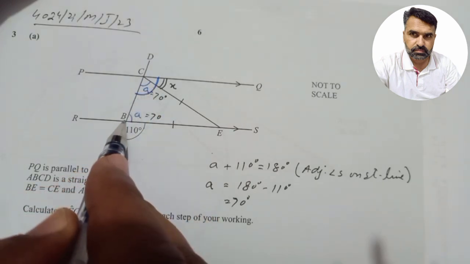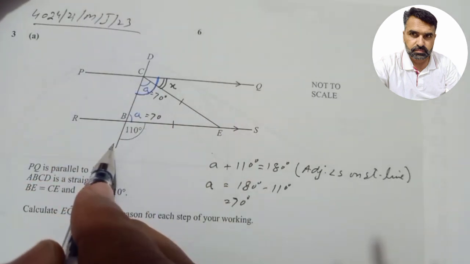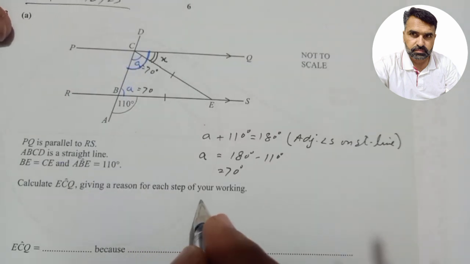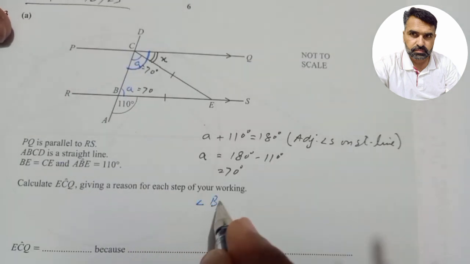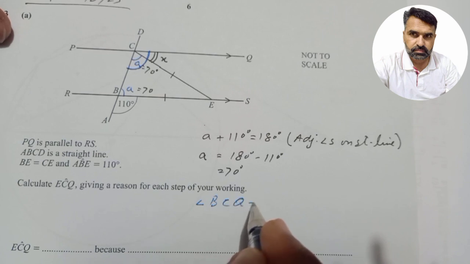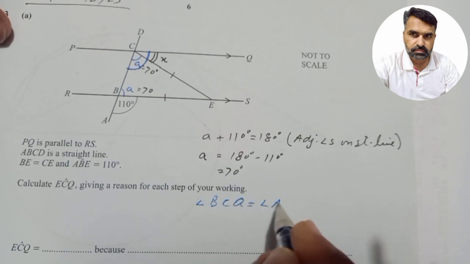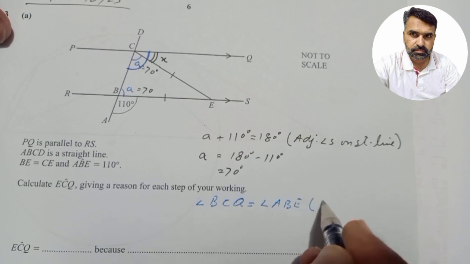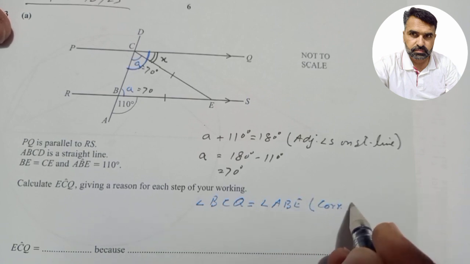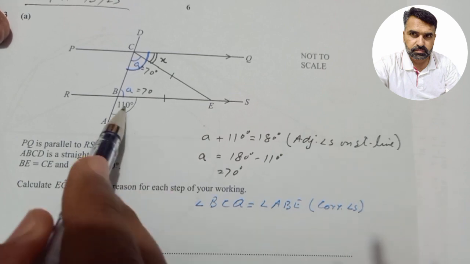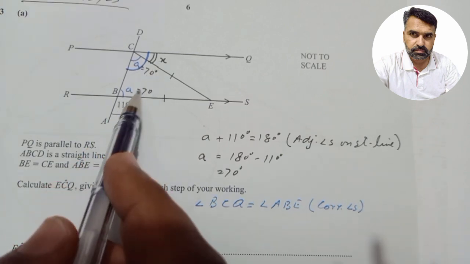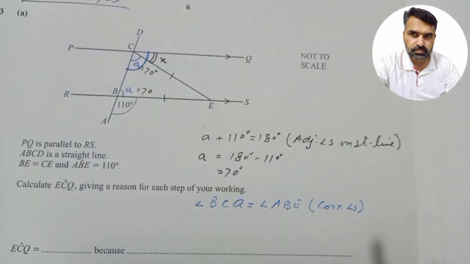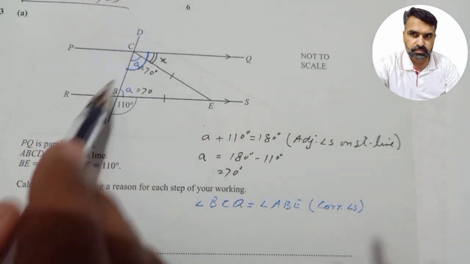So angle BCQ is equal to angle ABE, and the reason is corresponding angles. Corresponding angles are the angles that are below the parallel line or above the parallel line and on the same side of the transversal.